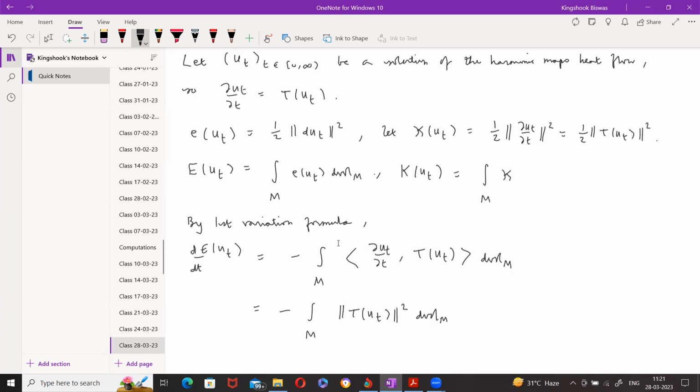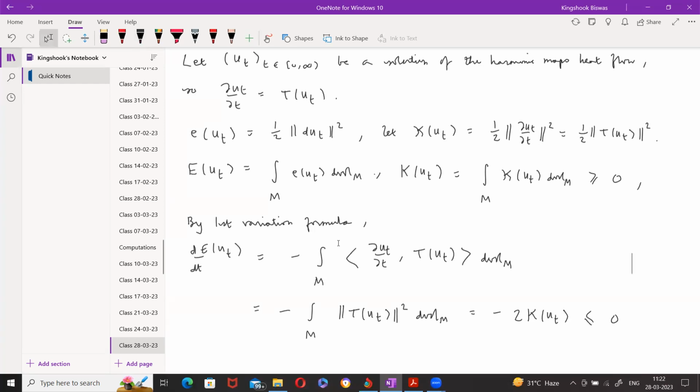And this capital K is the total kinetic energy, the integral of kappa of u_t d vol M. So what we're getting here is minus 2 times capital K of u_t, and that is less than or equal to 0, because this integral is greater than or equal to 0.